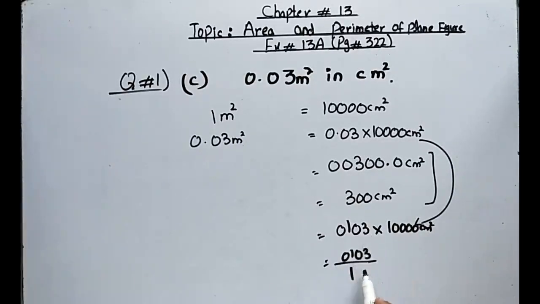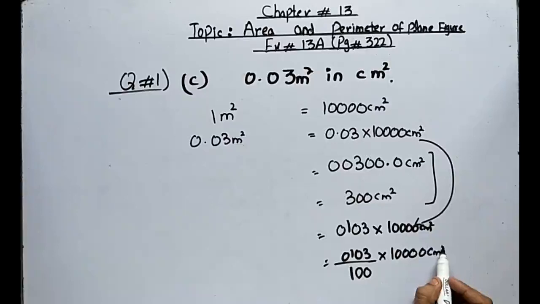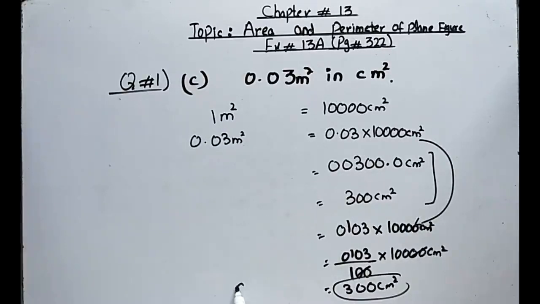So 3 over 100, multiply 10,000 centimeter square. Then 2 zeros will cancel with 2 zeros, and 3 will multiply with 100. So it will become 300 divided by 1, that means 300 centimeter square. So in both cases your answer will be the same. This is your final answer. It means 0.03 meter square is equal to 300 centimeter square.